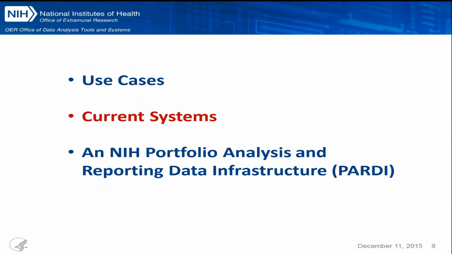So let me talk a little bit about what we currently have with respect to information on the results of NIH-funded research. And my office is responsible for systems that provide this information both publicly as well as internal systems used by NIH staff. So I'll give you examples of both.